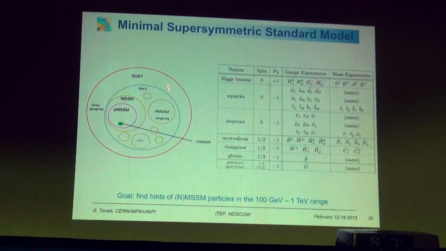And if I would like to depict really the entire phase space available in different choices of the SUSY parameters, you realize that we really cannot say much overall. We can say what we see: within constrained models, within simplified models, within even the most popular models, so far we have not seen any kind of signal. But the exploration is really at the beginning.